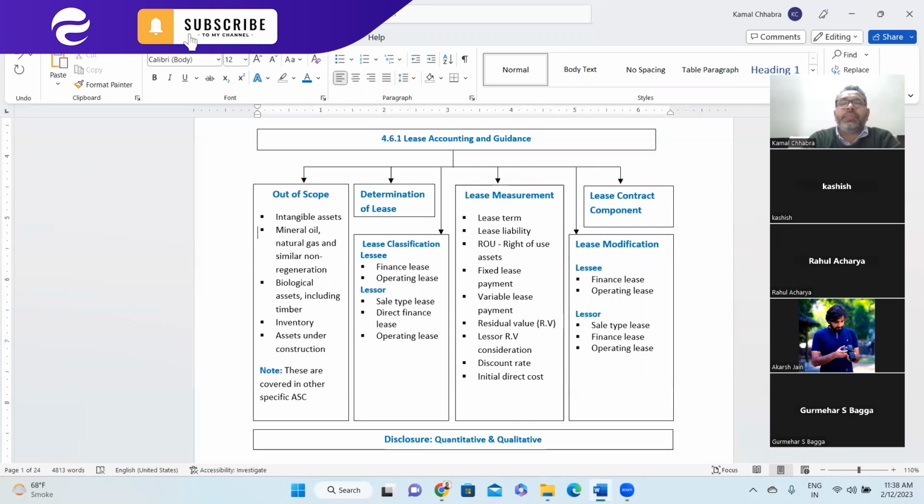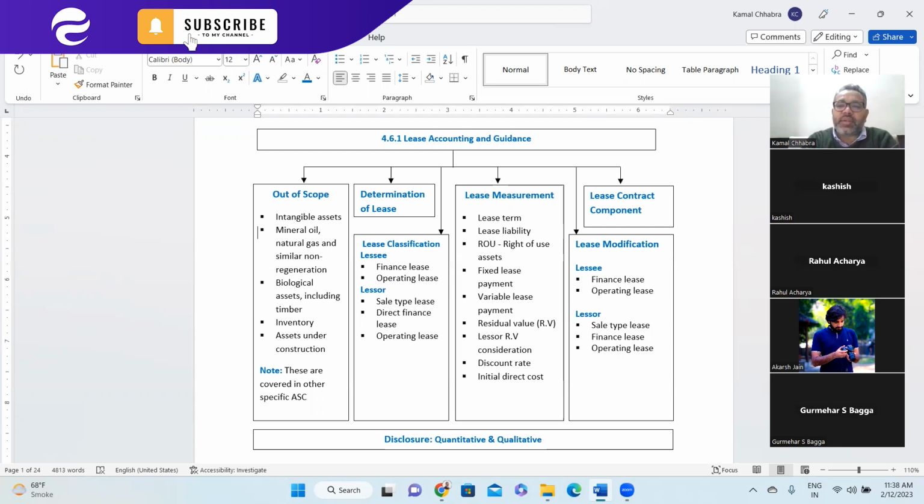Likewise, initially it may be a finance lease, but later it can convert into an operating lease. If any such modification happens, how do you do the accounting in the books of the lessee or the lessor, from finance lease to operating lease, sales type lease to finance lease, or vice versa? We'll understand all those concepts in detail, right?